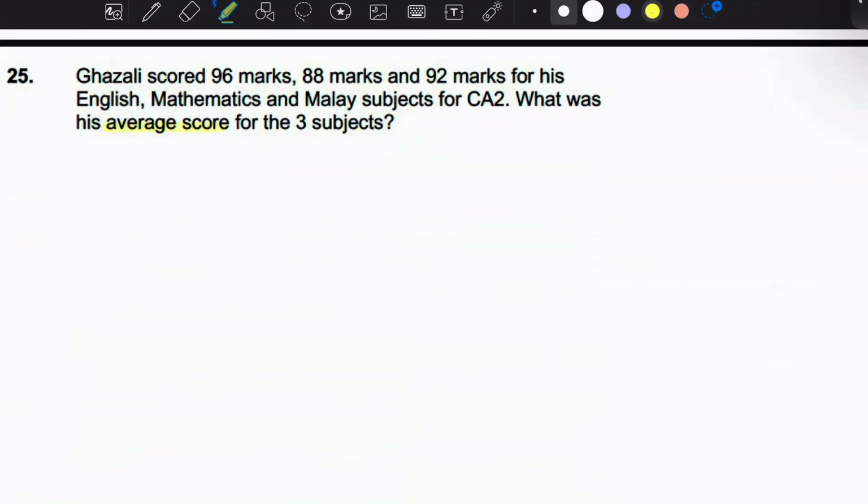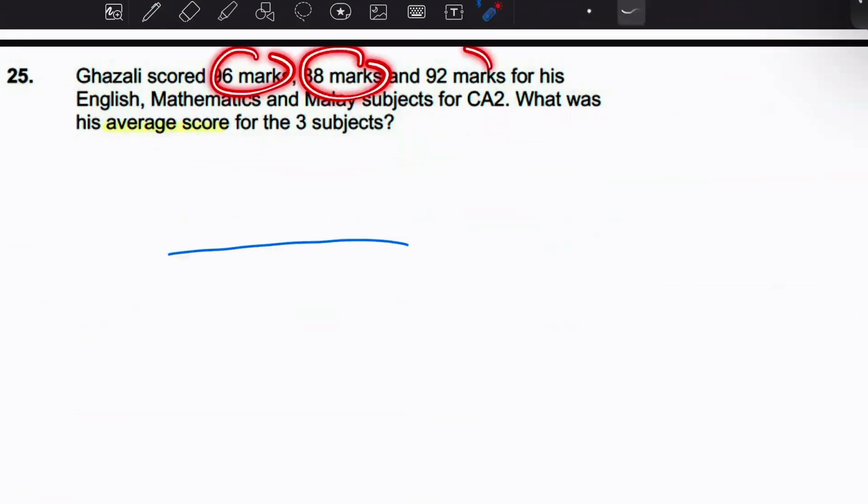Okay, you must add on all of this, okay, and then you divide it by the number of items that you have. So what are the different items that you have? English, Maths, and Malay, right? So there are 3 subjects here. So divided by 3. Okay?